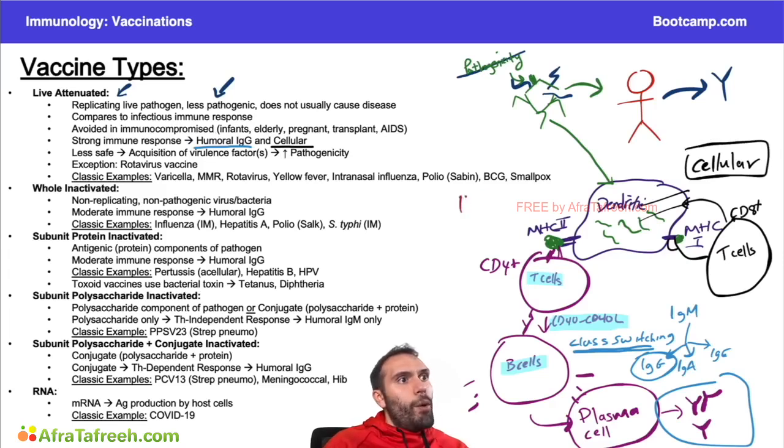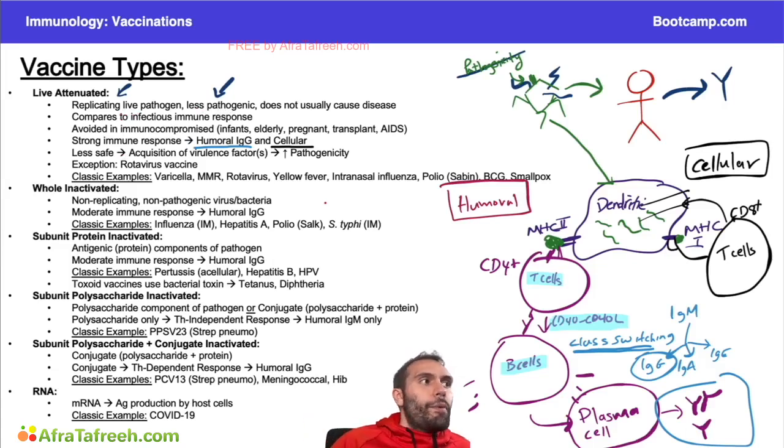So we can get both because we gave this patient a vaccine that had a live pathogen. This patient shouldn't get sick when they get a varicella vaccine or a yellow fever vaccine, but they can get sick, because some of these pathogens can actually alter their virulence factors.